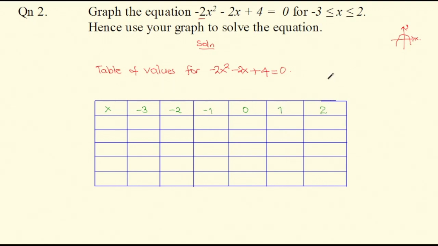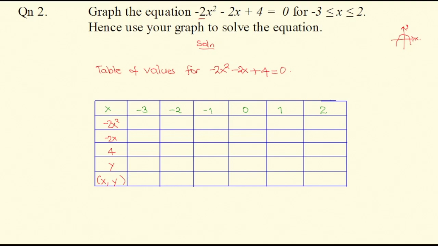Then we can also do the same, splitting these three terms in this first column: we have -2x squared, the second one is -2x, then the third one is +4, and finally we need to get y, and lastly we have the points in terms of coordinates x and y.